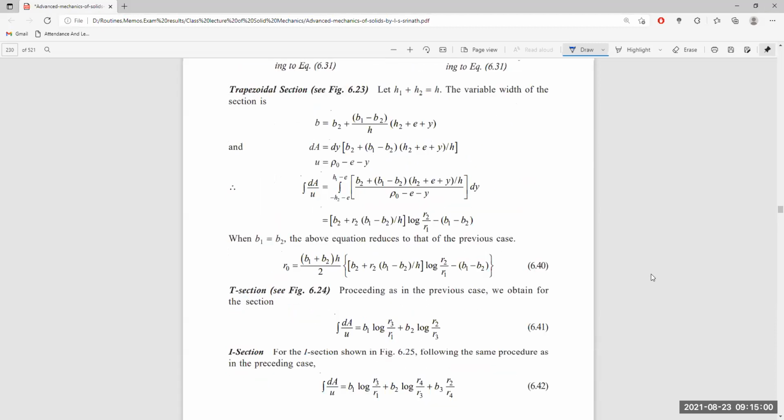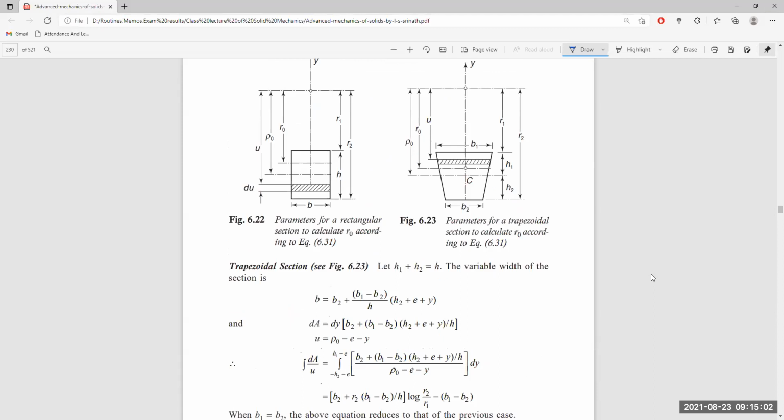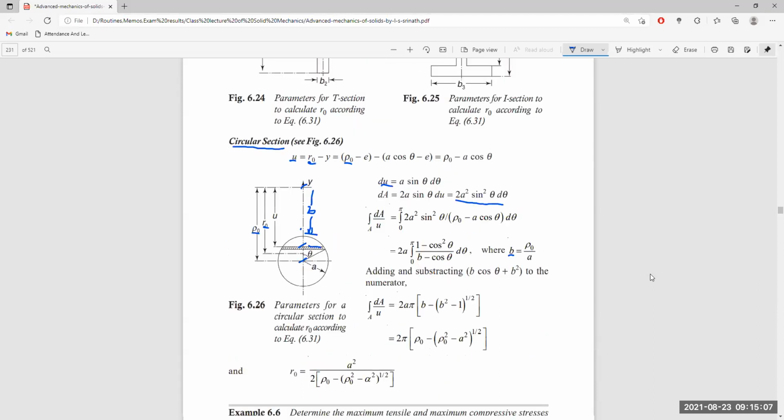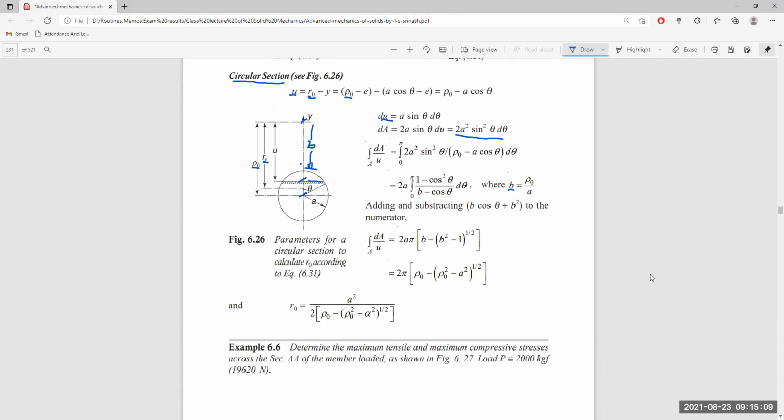You see, rho 0 is given by the formula, where R0 is equal to A by the integration of dA by u.